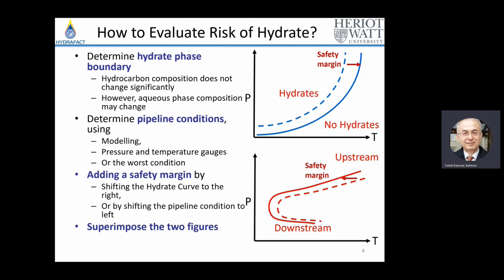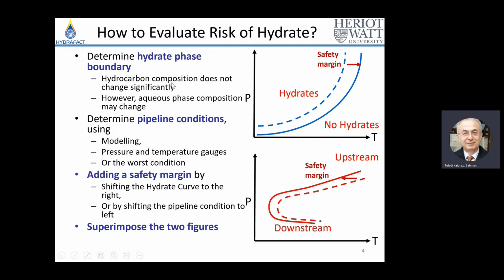How to evaluate the risk of hydrate? We need to determine the hydrate phase boundary. And you know that the hydrate phase boundary is this one, for example. And we need to know the composition of the hydrocarbon phase and aqueous phase.